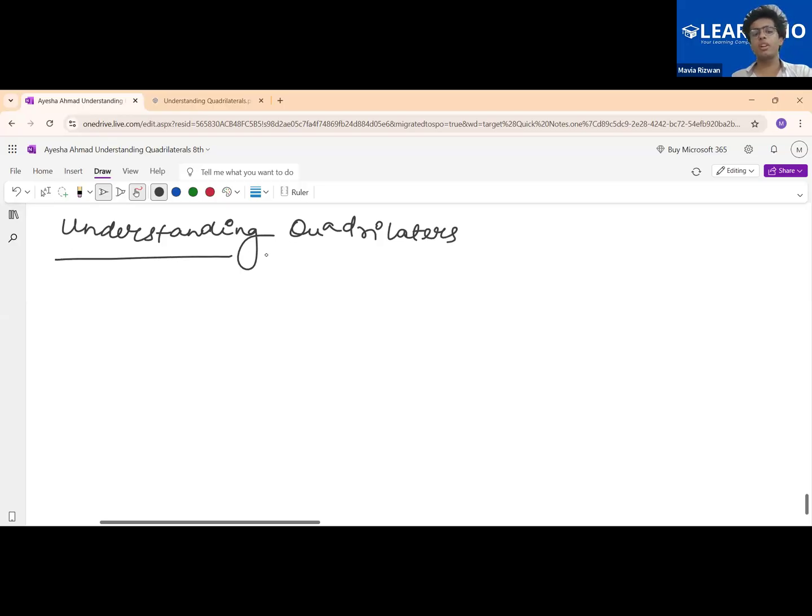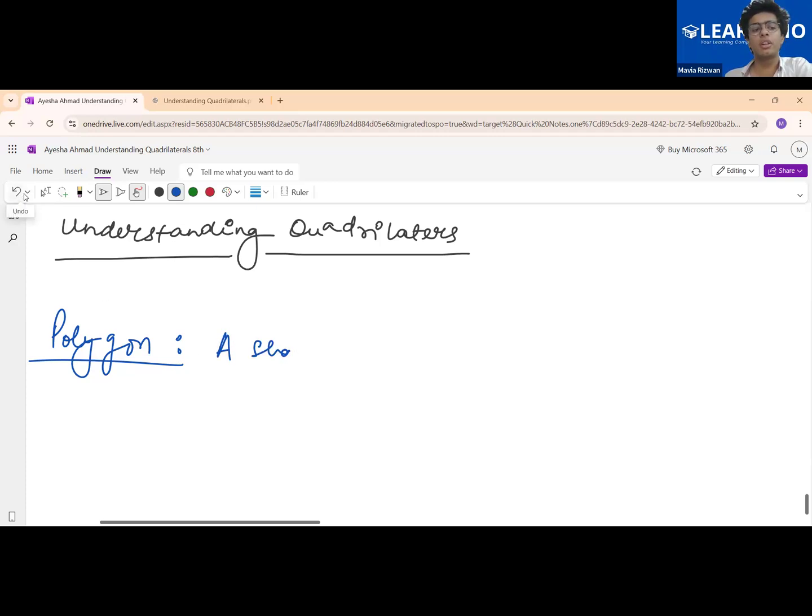So first of all, before understanding what a quadrilateral is, we should understand what a polygon is. Now, what is a polygon? A polygon is basically a closed figure made only of line segments.